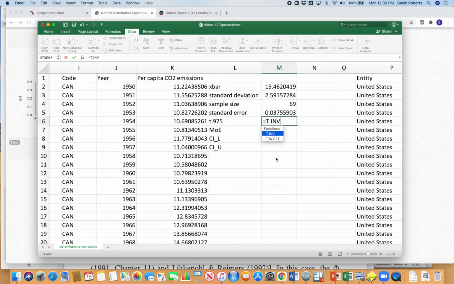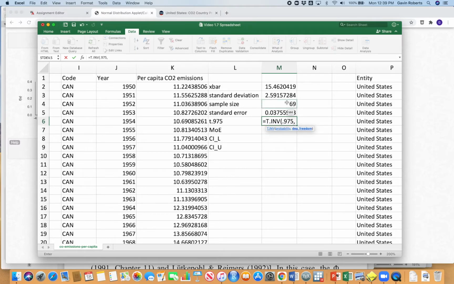So we talked a little bit ago about there's a t-distribution. This is the inverse of a t-distribution. So this one, I tell it a probability, it tells me a number. If I did t-distribution, I tell it a number, it tells me a probability. So I want it to tell me the number such that there's 97.5% to the left.